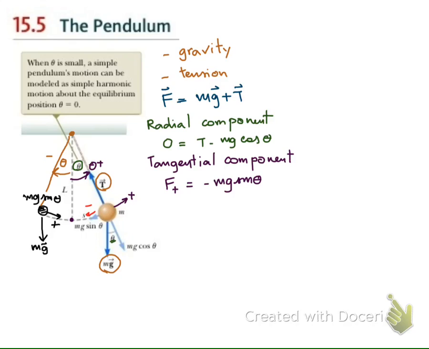So you can see that this is a positive direction, and this is a negative direction. At this point, mg sin theta points to the left, so it has a negative sign, but at this point, mg sin theta points to the right, so it has a positive sign. That is the definition of positive and negative.